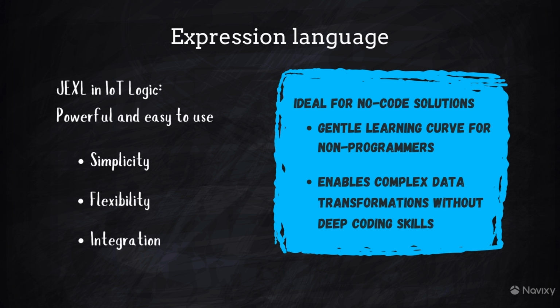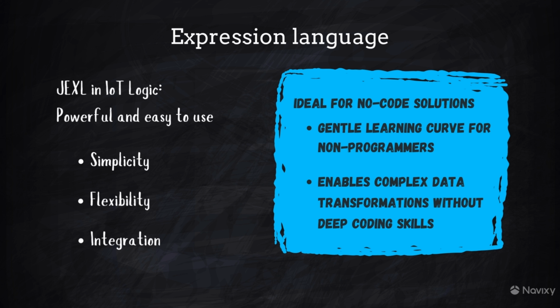JEXL can handle a wide range of operations, from basic arithmetic to complex logical expressions. Integration. It seamlessly integrates with Java objects, making it a natural fit for the Navixy platform. For those new to coding, JEXL provides a gentle learning curve while offering the power to perform complex data manipulations. This makes it an ideal choice for IoT logic, allowing users to create sophisticated data transformations without the need for full-fledged programming skills.